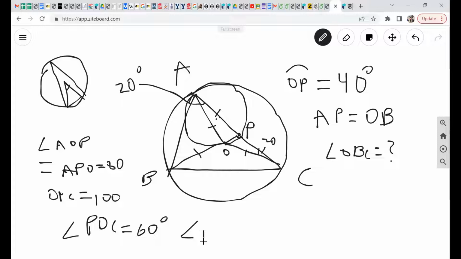So that means angle BOC, since this is 60, is equal to 120. And finally, since this triangle is isosceles, angle OBC has to be 30 degrees.